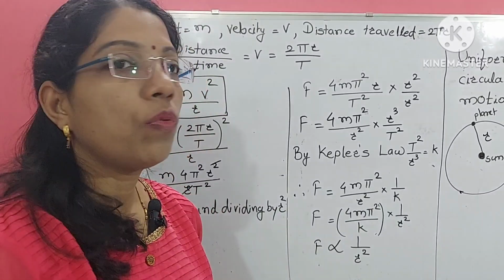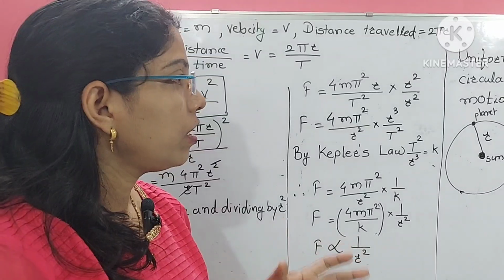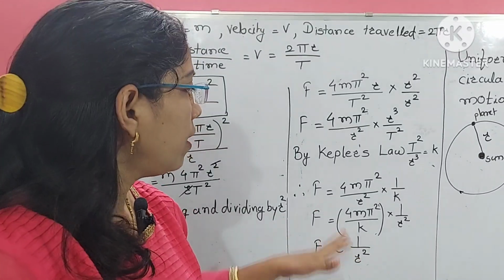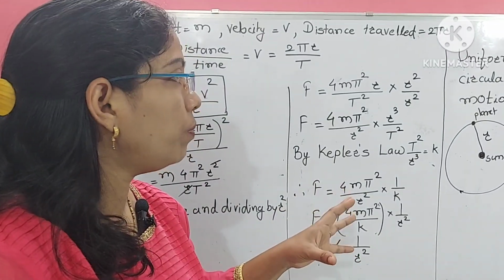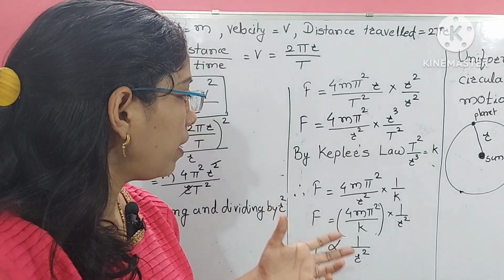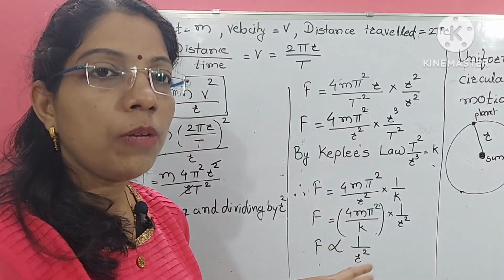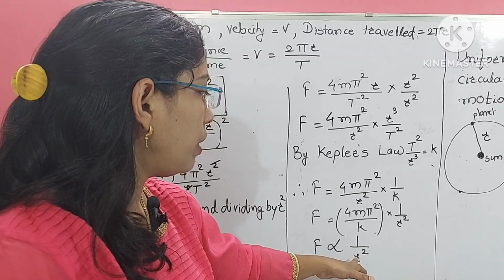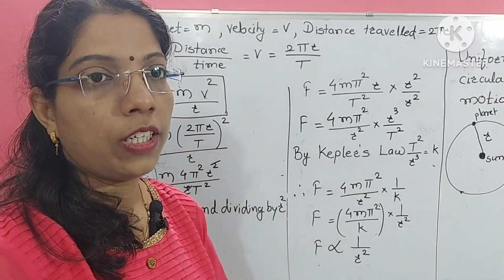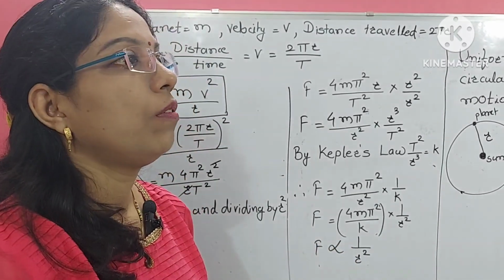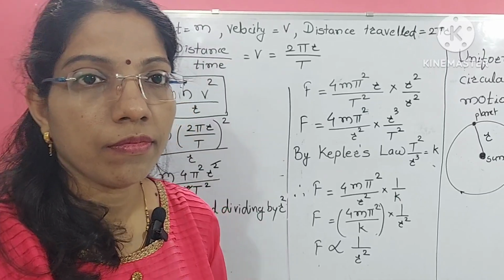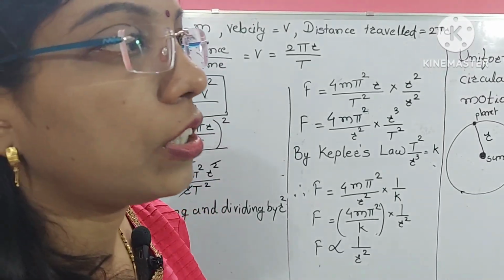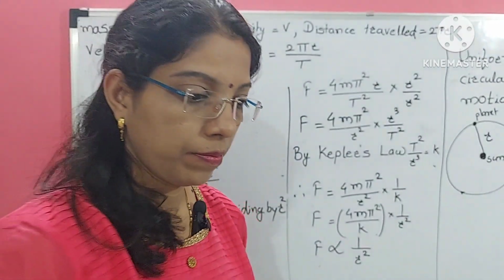In this way Newton was helped by Kepler's third law to prove that the force acting between two objects, the centripetal force, is inversely proportional to the square of the distance between the two objects. This is about Newton's inverse square rule.